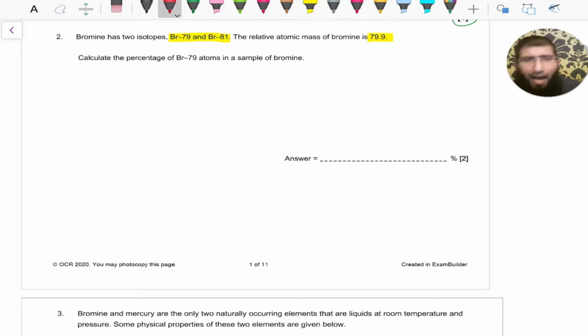So how are we going to tackle this question? Well, there's a formula you need to know, which allows you to work out the relative atomic mass. So what is the formula?